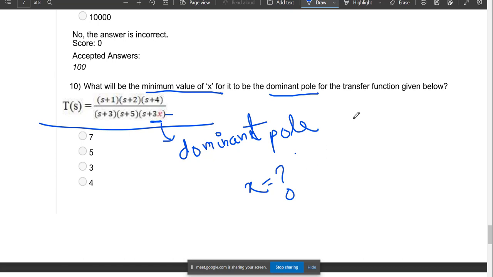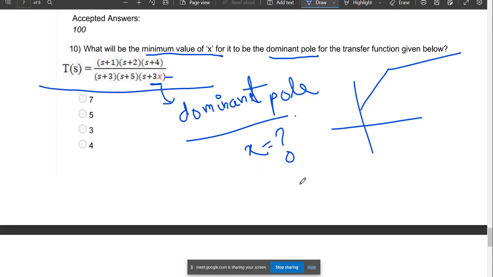At the end, with this dominant pole the function becomes more stable. Let's say the function is going something like this. With the addition of this dominant pole, it will become something like this.